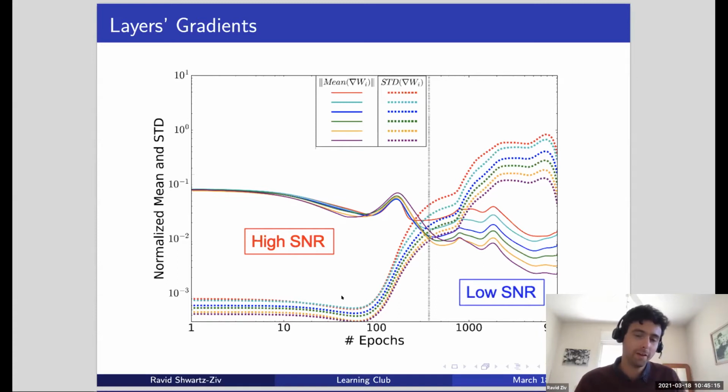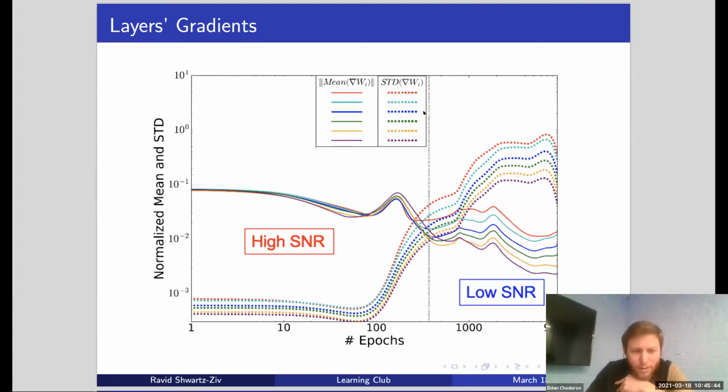The first phase has a high signal to noise ratio, where the means are much higher than the standard deviation. The second phase has a low signal to noise ratio, where the fluctuations are much higher than the mean. This black line is the flipping point between the phases.